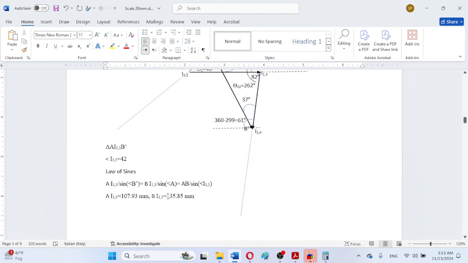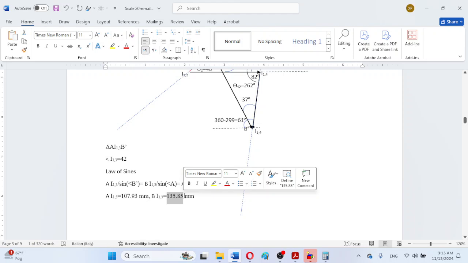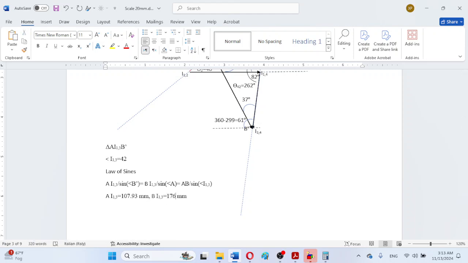So this length B dash I13 actually results in 176.042. These are analytical values.